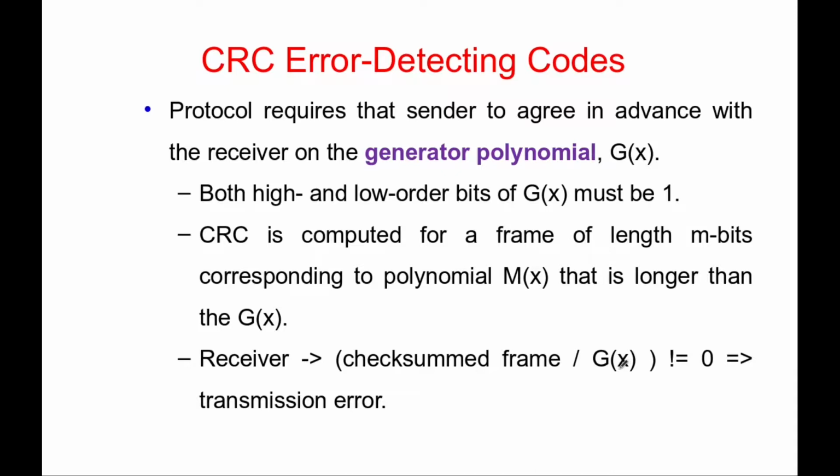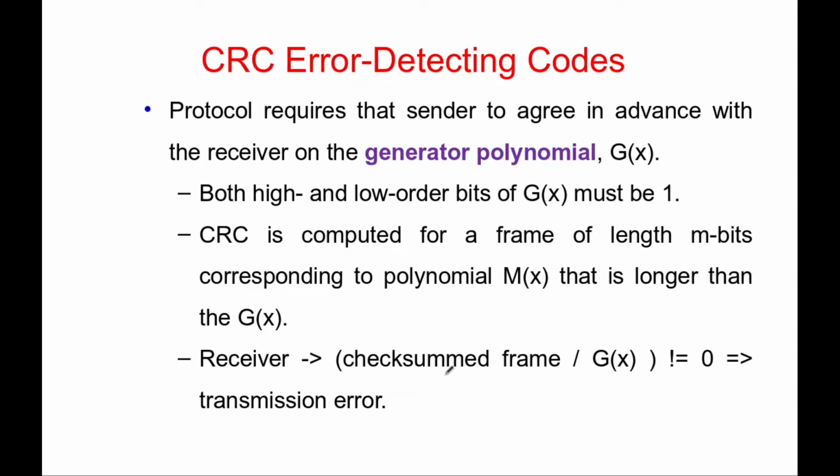We'll see in detail afterwards. The remainder would then be subtracted from the original computed polynomial. That makes that polynomial an integral multiple of G(x).